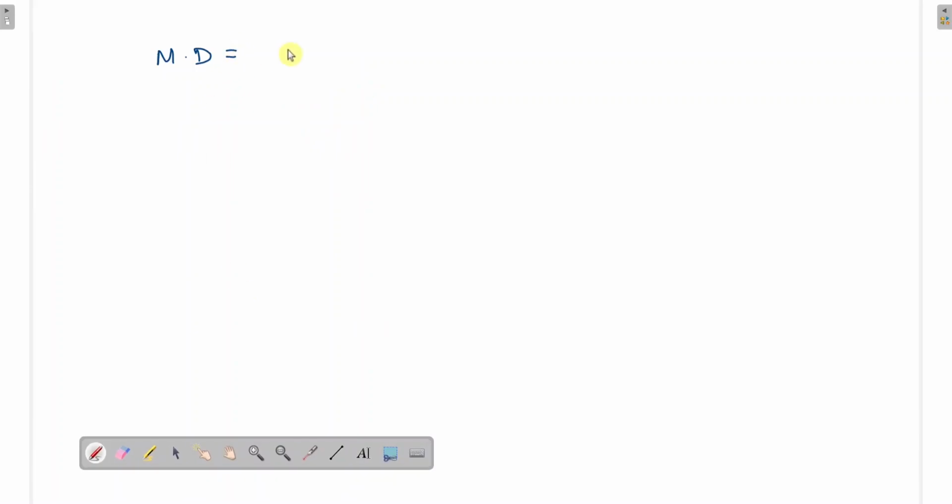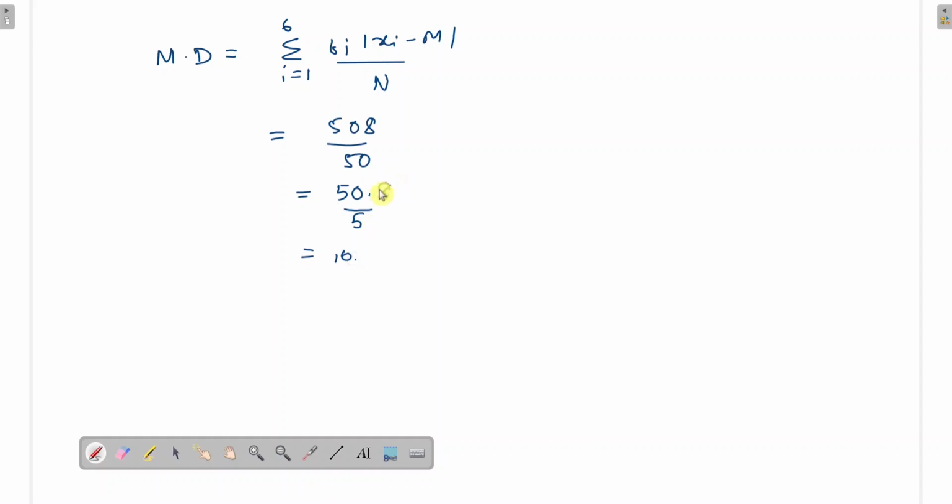Mean deviation is the summation, i going from 1 to 6, of fi modulus of xi minus M, divided by capital N. So that is 508 divided by 50, which is 10.16.